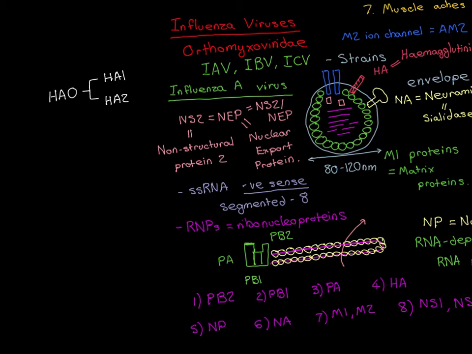So let me now attempt to draw a more detailed picture of this. Here, this is going to represent the phospholipid bilayer of the viral envelope, and you can tell that I've zoomed in because I'm now drawing 2 lines for the phospholipid bilayer representing the 2 sides of the lipid bilayer rather than just 1 line as it was previously.